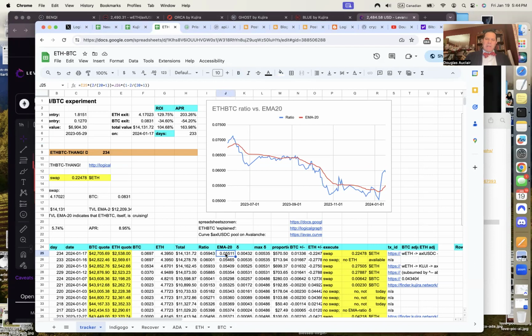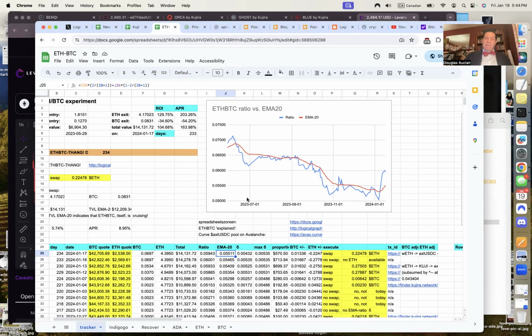And here is the secret of the ETHBEF thing, and that is this. The ratio gives me this blue jagged line here. The EMA 20 is a smooth curve over the past 20 days. And what has been observed is that the ETHBEF ratio goes up to 0.07 and down to 0.05, and it goes up and down between these two ratios.